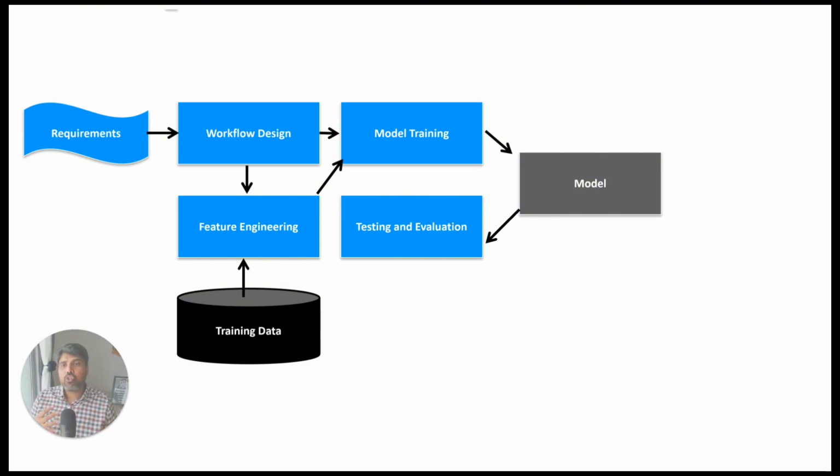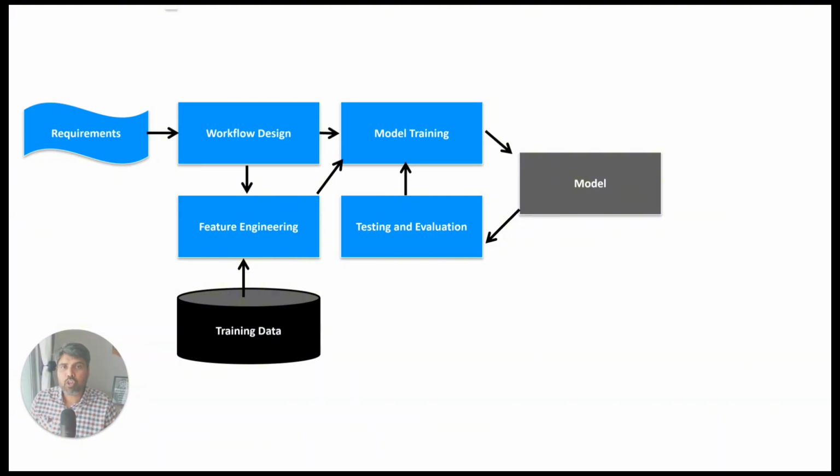Then we do a lot of testing and evaluation to make sure that the model is fine. It works in different conditions, on different samples and at different times as well, and we make sure that we do the proper evaluation. Once this is done, if it does not give you the proper accuracy metrics, then it's a cyclic process.